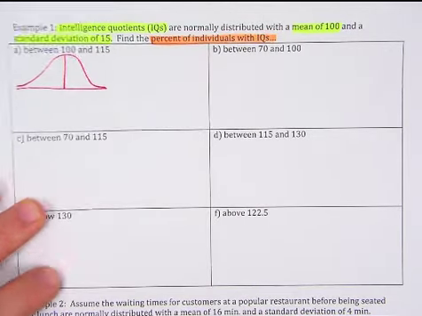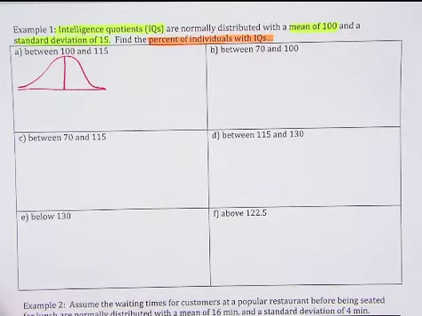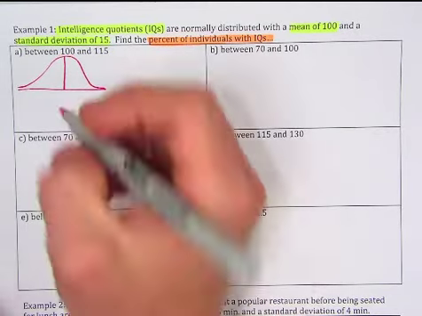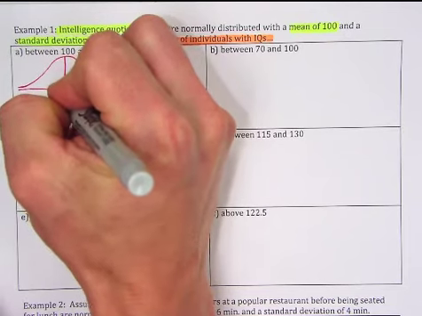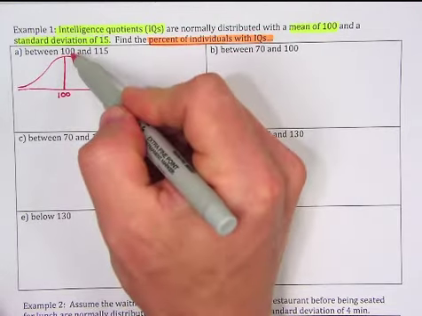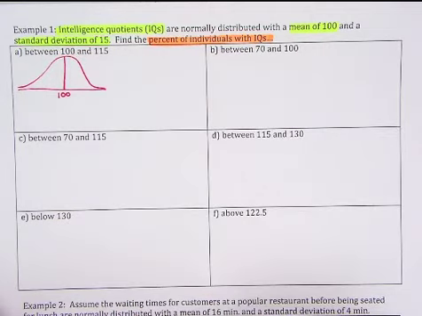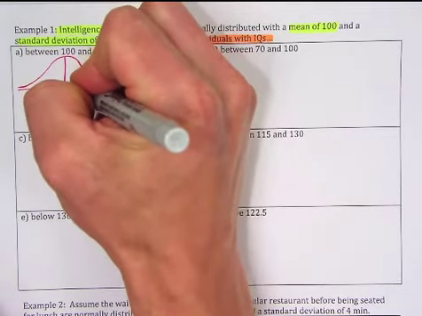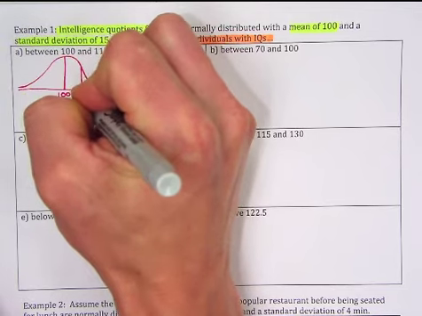Now when we do this, we want to make sure the mean is right in the center. So the mean score is actually 100. And that turns out to be one of the scores that we're looking for. Now our other score is 115, so that will fall somewhere over here.